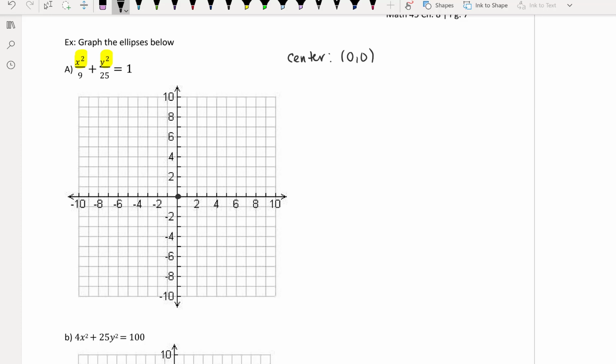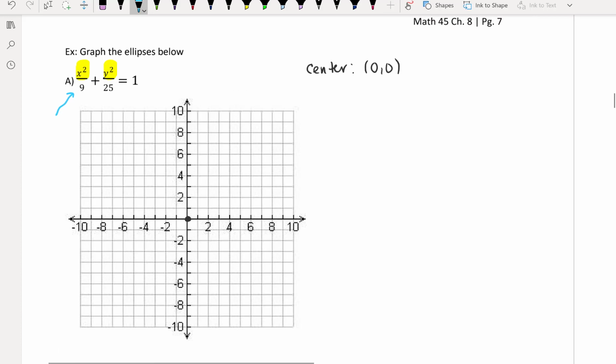Okay? Now let's look at the denominator on x. So here is my denominator of x. So that's going to be 9. The square root of 9 is 3. So that means along the x-axis, I'm going to go over 3 in each direction.